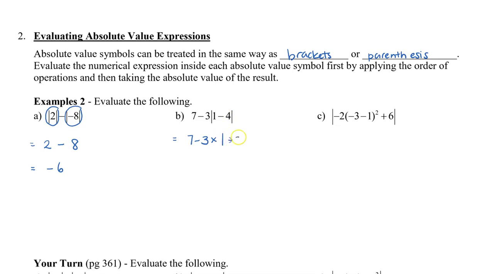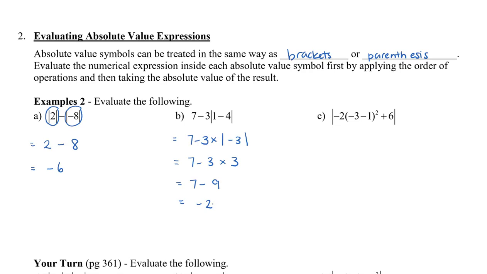So I'm going to leave the absolute value symbol there and put the negative 3 inside. Now let's evaluate the absolute value of negative 3, which will then be positive 3. Okay, so now we can remove the absolute value symbol and just write 3. And doing order of operations, we're going to go 3 times 3 first. So that's going to be negative 9, or minus 9. And then 7 minus 9 is negative 2.